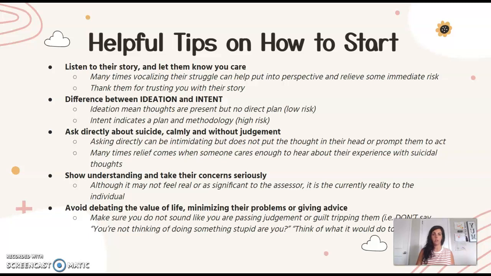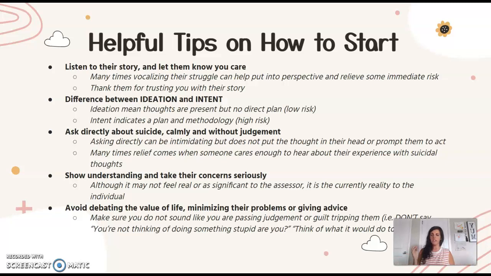You always want to listen to the story and let them know you care. That goes along with the concept we talked about with safe space and brave space. And honestly, sometimes just vocalizing that there's something going on relieves that pressure a little bit. I always think of an inner tube, you're building, and then if you just let a little bit of air out, you're kind of like, ooh.